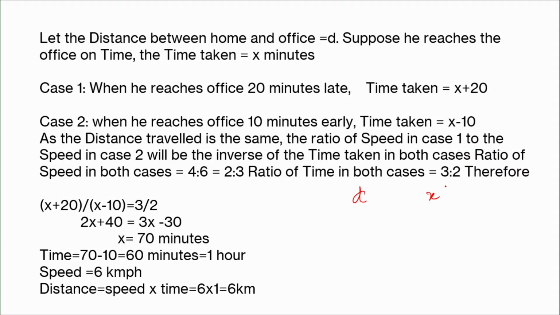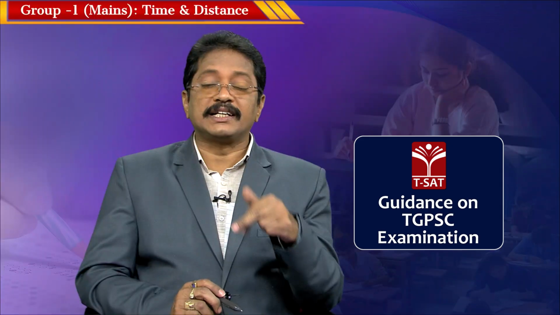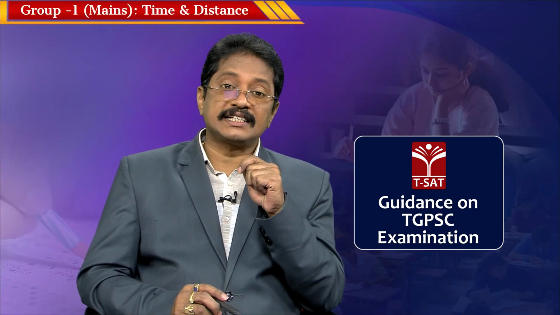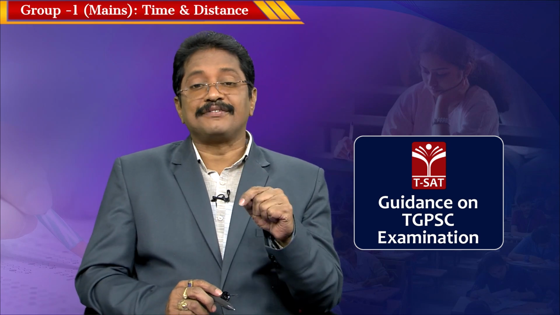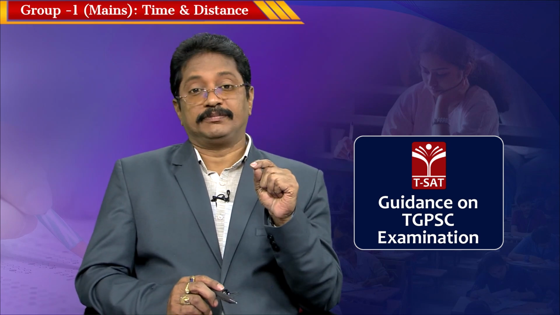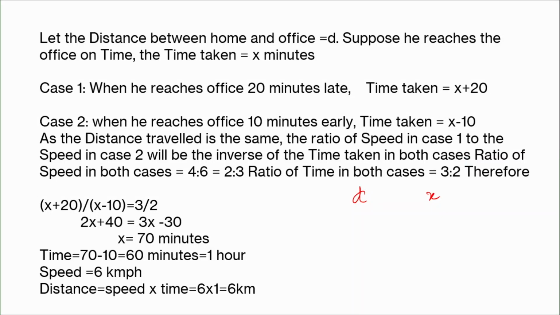Clear? But we are taking 2 cases here, case 1 and case 2. What is the first case? He reaches his office 20 minutes late. When he reaches his office in time, the time is x.